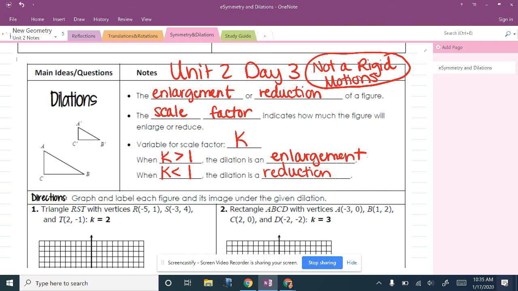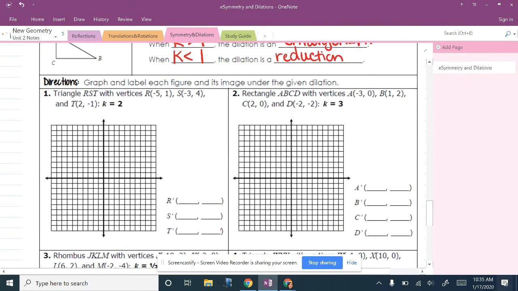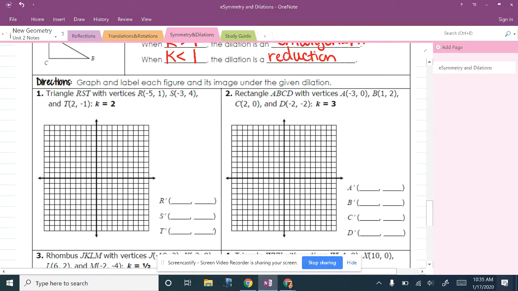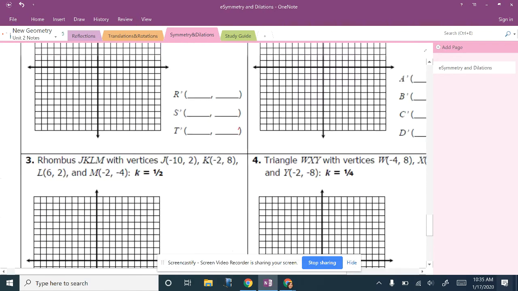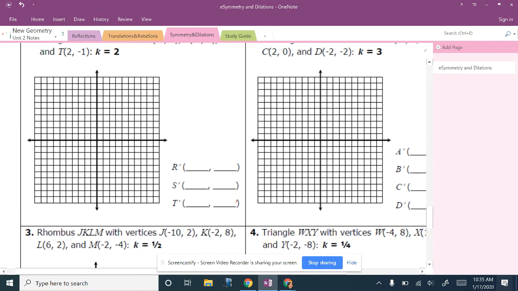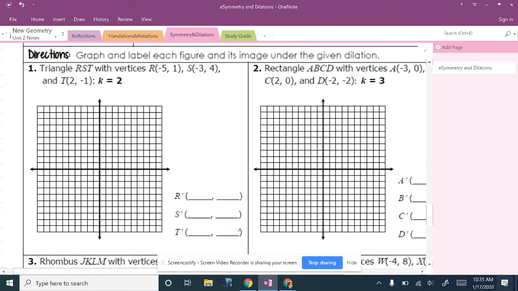All right, we're just going to work some examples. Let's look at number 1. Just like we've been doing, they're going to give us an original figure, and then we have to use the dilation, and then we'll have a new figure. So let's go ahead and graph the original triangle, please.